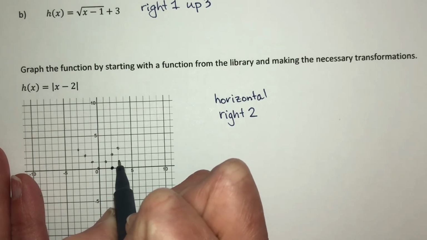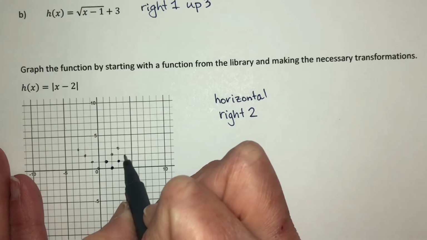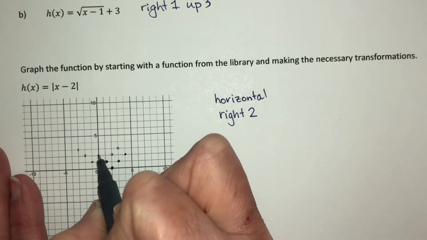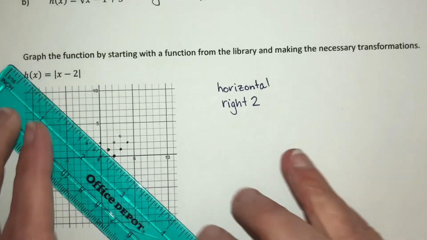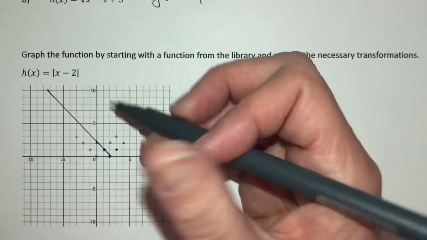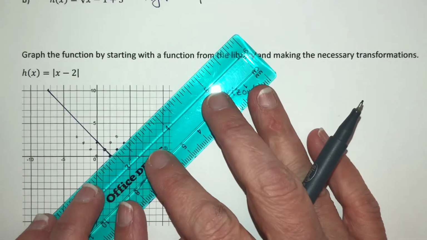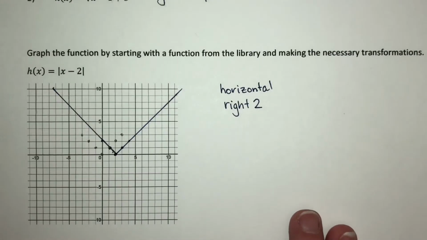This one, go right 2, right 2. You're just shifting all of them over. And then you'll find that you have enough points for a graph. And then you've got your graph, and you're done.